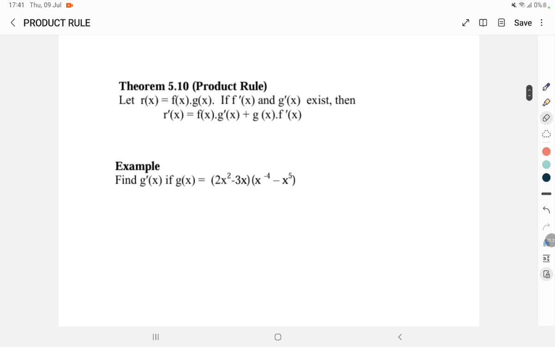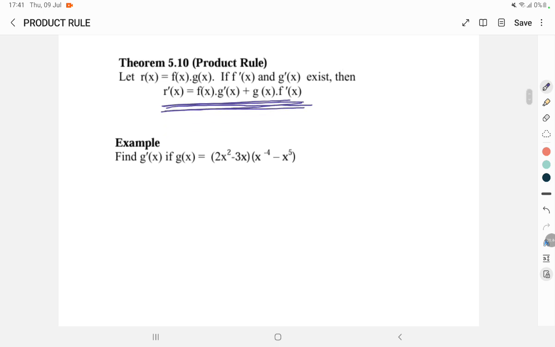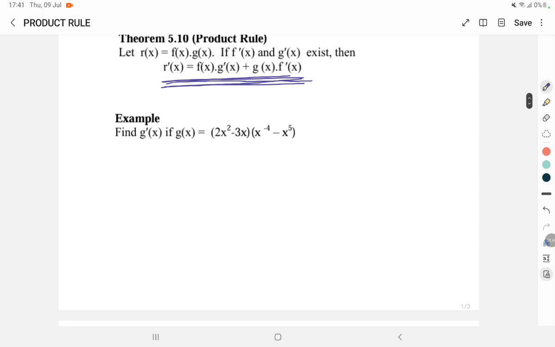So having this, we're going to apply the product rule following this method, right?